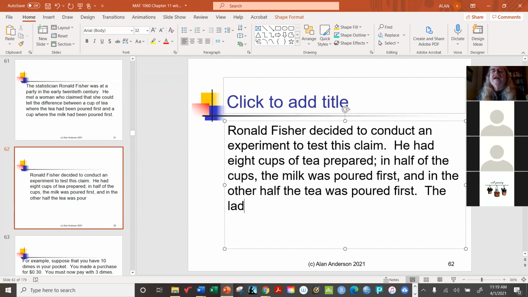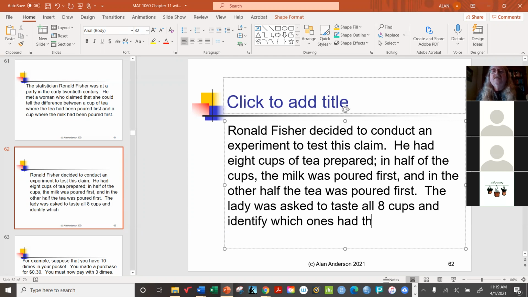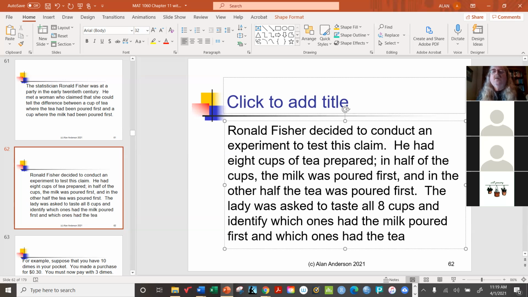The lady was asked to taste all 8 cups and identify which ones had the milk poured first and which ones had the tea poured first.